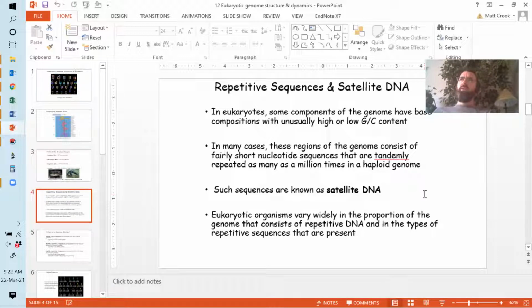About, I can't remember the exact number, to be honest, I should look it up sometime, 3 to 5% of our genome is taken up by protein coding genes. So those 20,000 genes are basically encoded by that little bit. And so what's the rest?